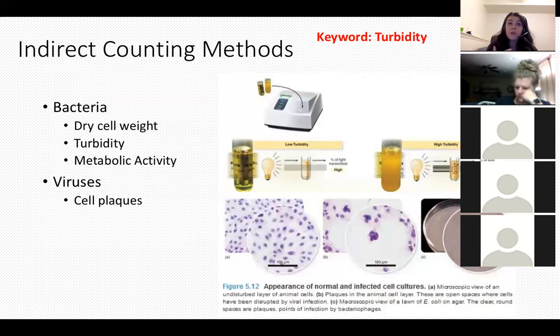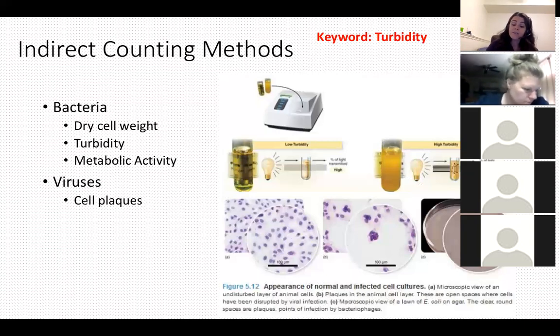And so if you had added lactose and you were dealing with lactose fermenters, the pinker your media was, the more bacteria you had, because that meant you saw more metabolic activity if the color was darker. It was stronger, more intense, than if it was less intense.